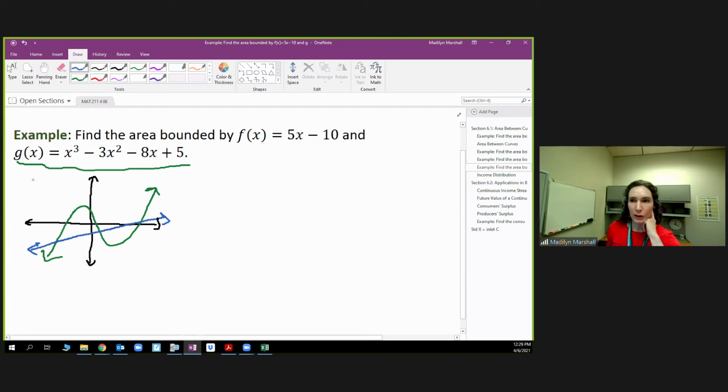And so we have two areas to focus on. We have an area in here, which I'm going to call A1. And we have an area over here, which I'm going to call A2.